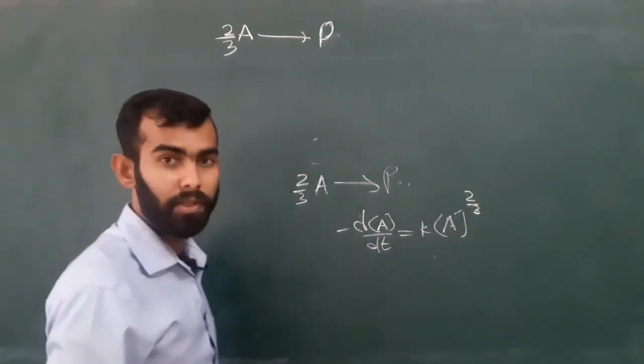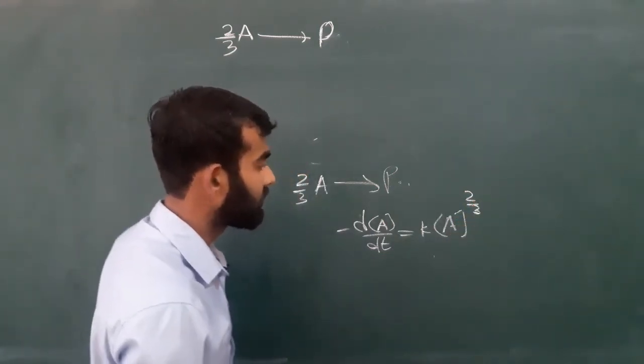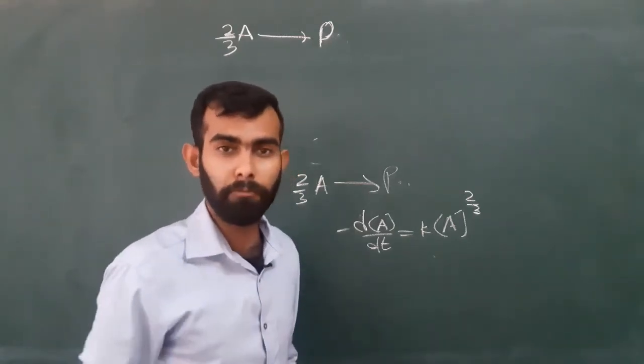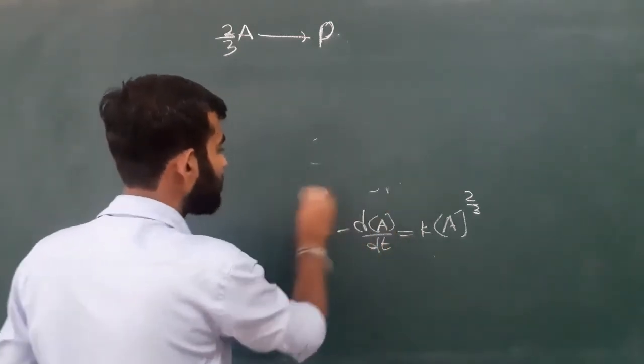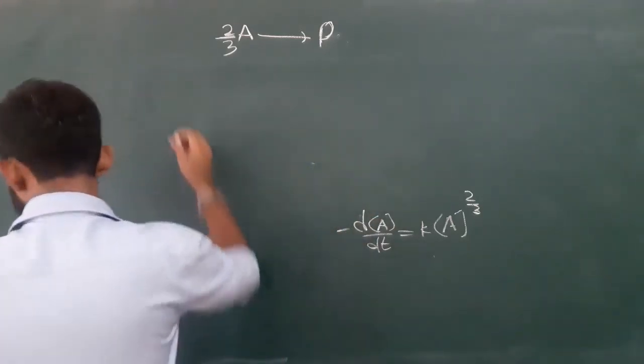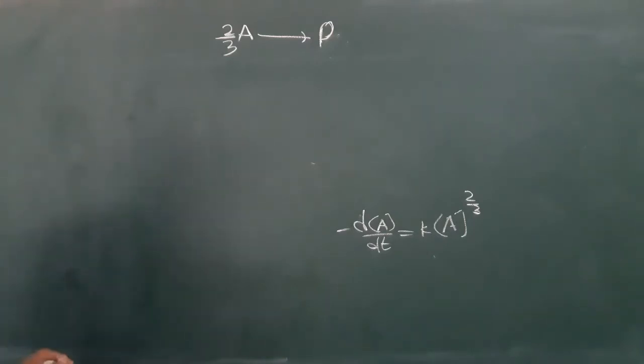There is a probability that this type of question will come, and they will ask you to derive the integrated form. So how can we integrate this type of equation? Very easy. Okay, I will write down from here.